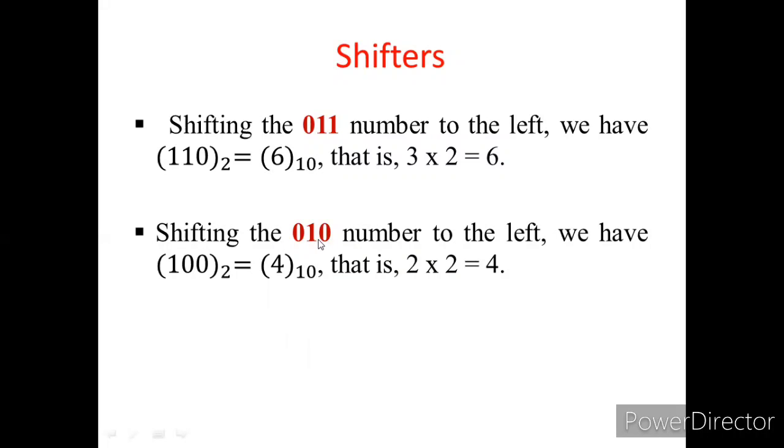Another example: shifting 0, 1, 0 to the left, we have 1, 0, 0, which is 4 in decimal. That is 2 into 2 is equal to 4. So the shifting operation enhances the processor operation. Shifting right gives us the division operation, and shifting left gives us the multiplication operation.